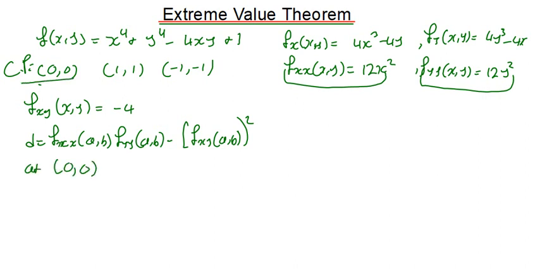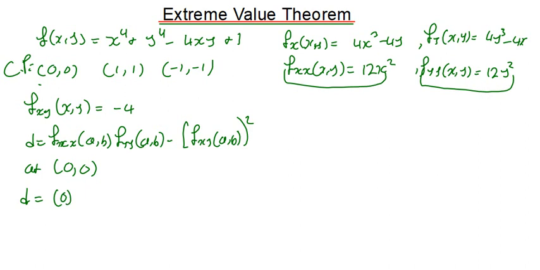I'm just using the critical points that I have there. At 0 comma 0, what are we going to have? Our d is equal to, if we get this function that we have, then we substitute where we have x, we put 0.